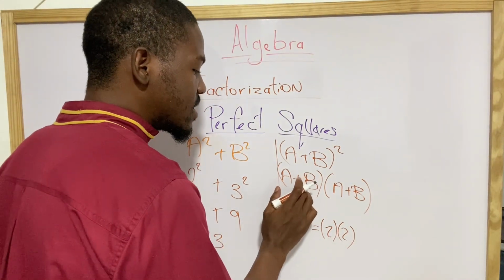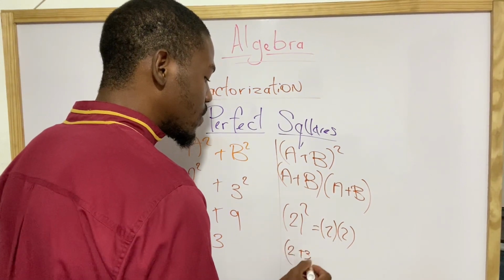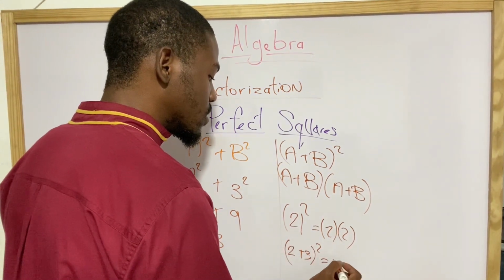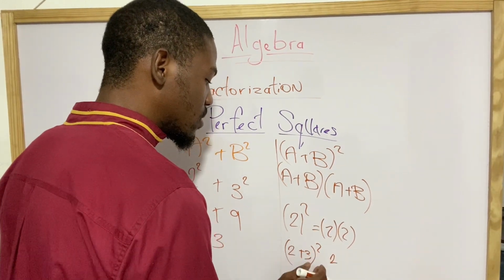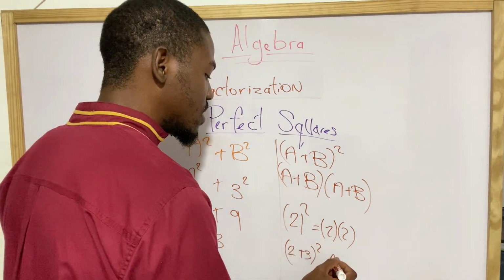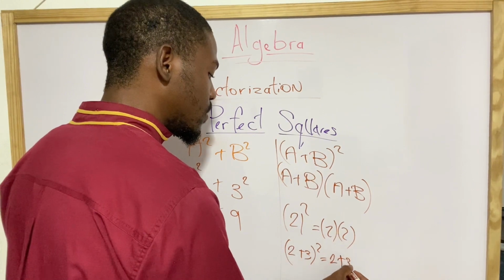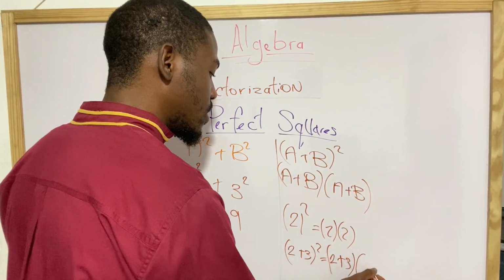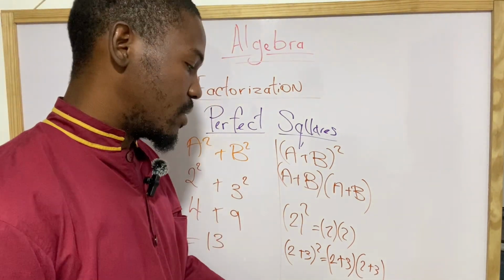But the fact that there is a sign between makes a little difference. So having this all squared is literally saying 2 plus 3 and 2 plus 3. That is how it is written out.